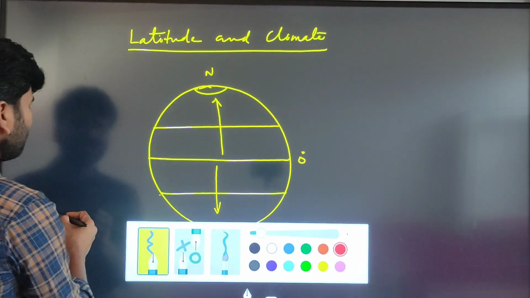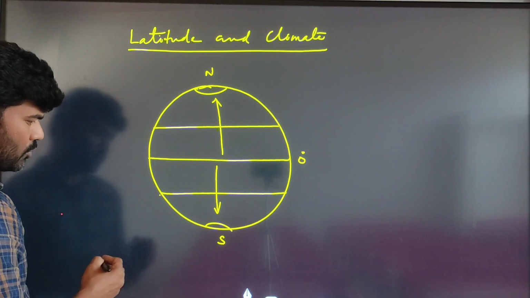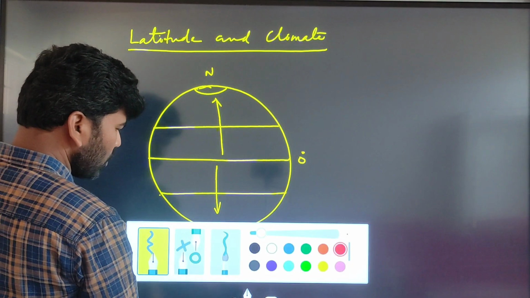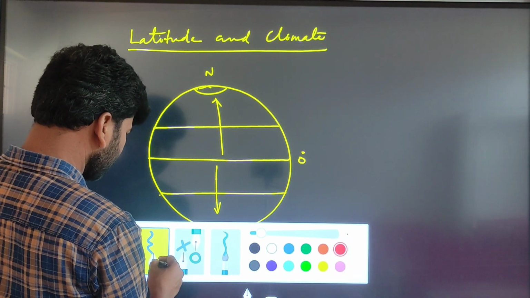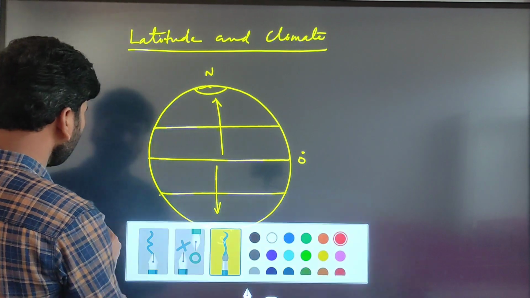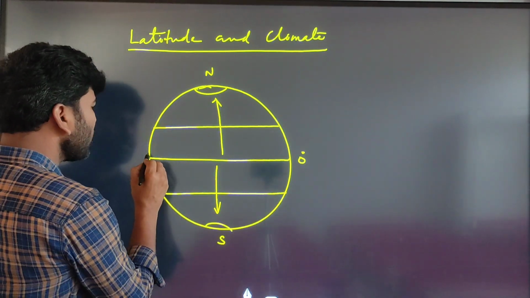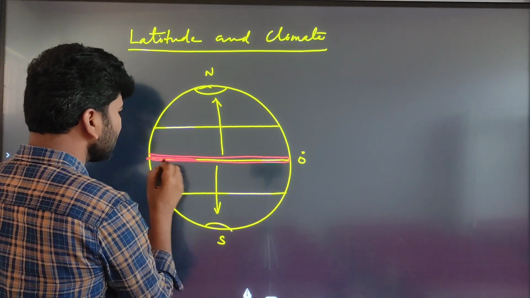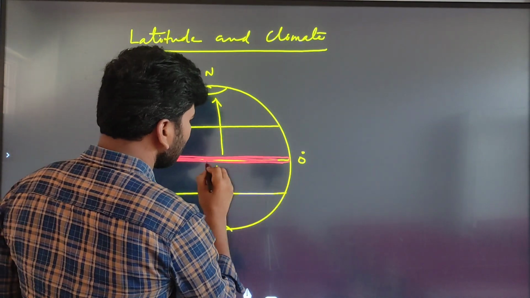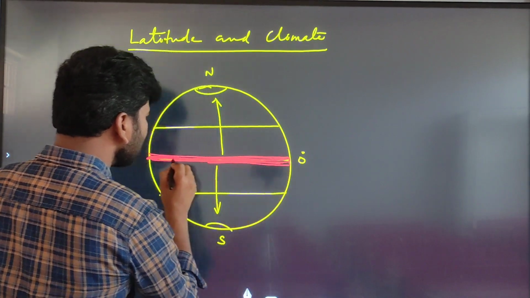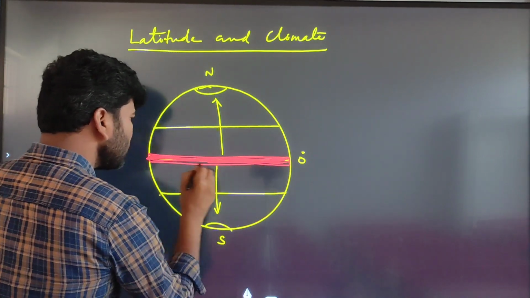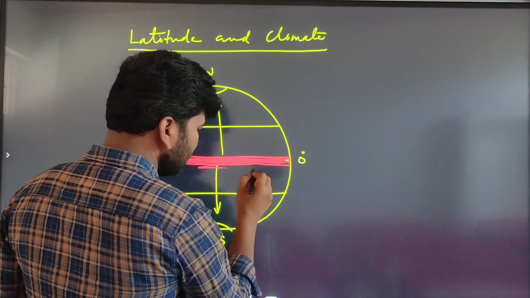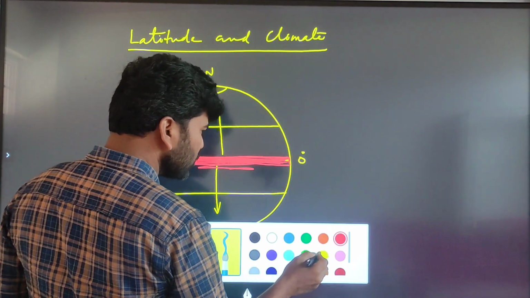Based on that, we can divide the earth into 3 heat zones. Around the equator area is the torrid zone, because there the temperature is very high. Due to the high temperature, this is called the torrid zone.